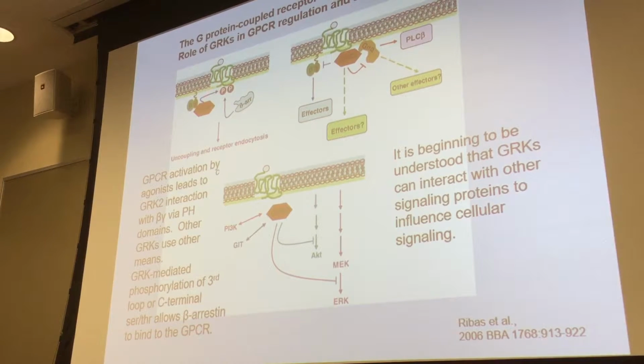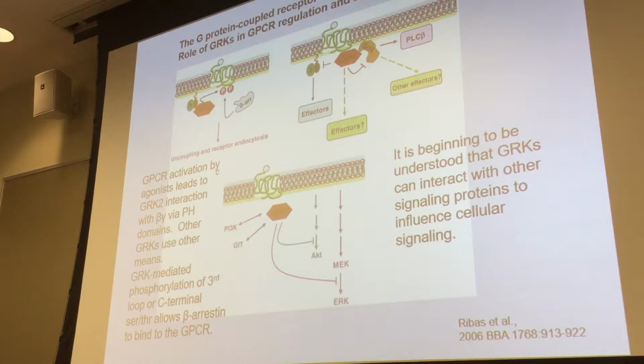So once the beta and the gamma subunits and the alpha have dissociated and left, GRK2 can bind to the beta gamma subunit using a pleckstrin homology domain. Now, you remember that the pleckstrin homology domains will recognize lipids, but they also recognize hydrophobic sites on some proteins.